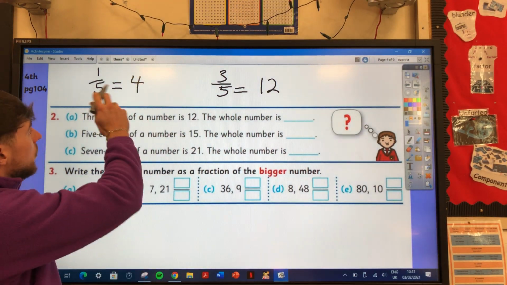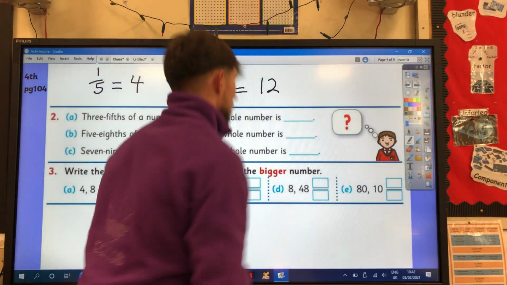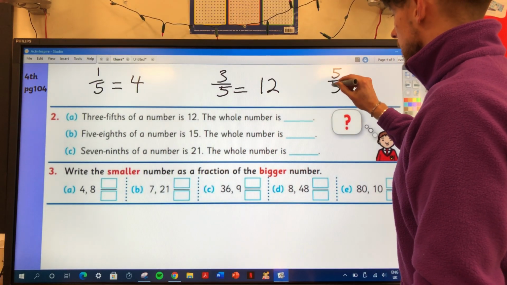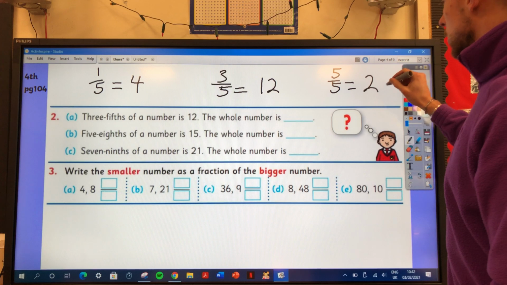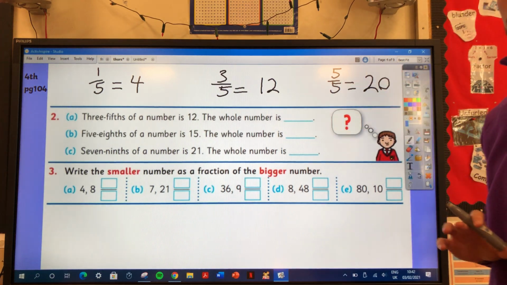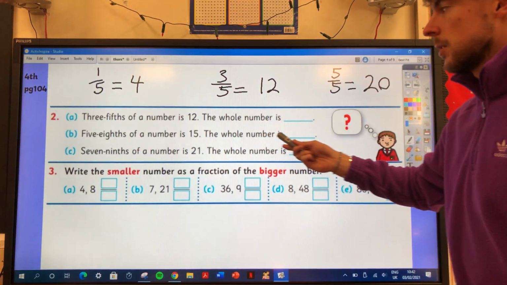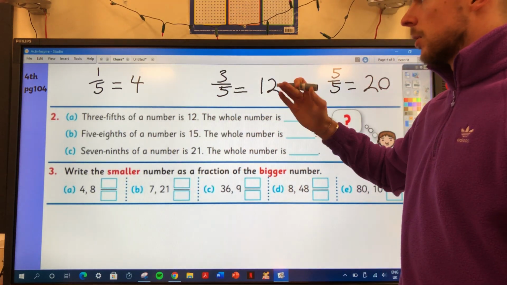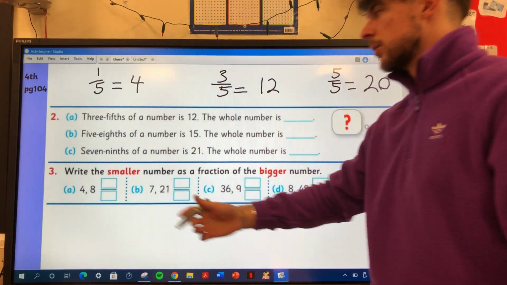So we know 1/5 is 4, 3/5 is 12. So 1/5 times 5 to get 5/5 is going to be equal to what? 20. Alright, so 5/5 is equal to 20. Okay, so with those numbers, do the rest of the problems exact same. So try find one of the fraction and then move all the way up to the full thing.